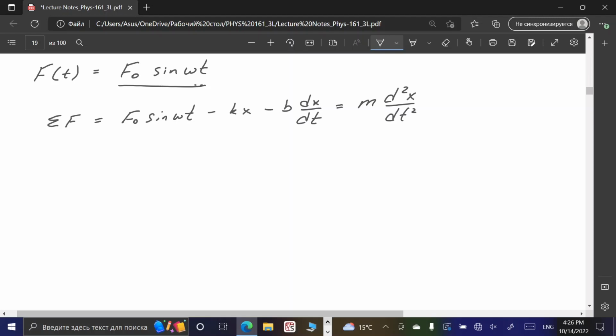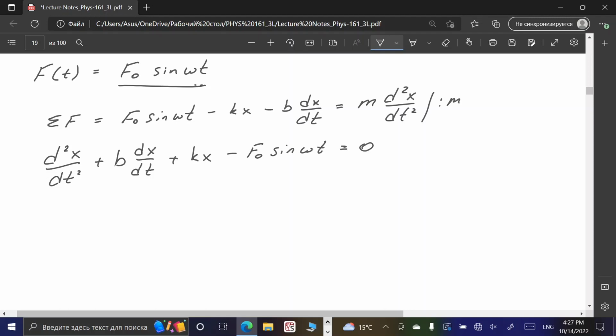So now we also can divide it by m and rearrange a bit. So it will be d square x over dt square plus b over m dx over dt plus k over m x minus F naught over m sine omega t, and that is equal to 0.